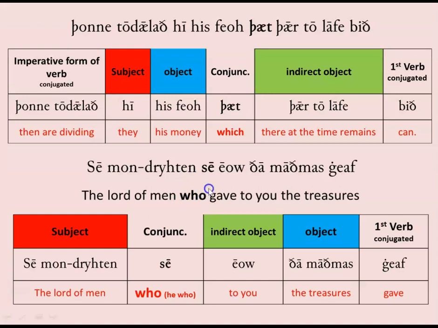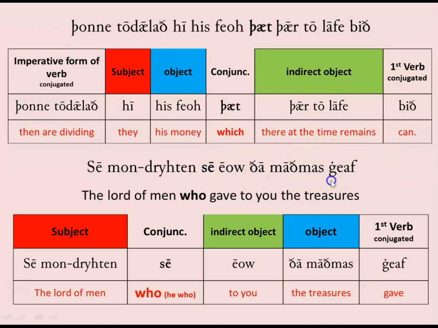Sometimes you're not going to have the relative particle there, you're not going to have these thats or the other stuff, you're not even going to have say there, you're just going to have say, and you have to understand that that's got to be interpreted as a relative particle, meaning who, relative pronoun who. You, the treasures, gave. Notice how you, the plural you, the treasures, that's in accusative, gave, and then the verb at the end.